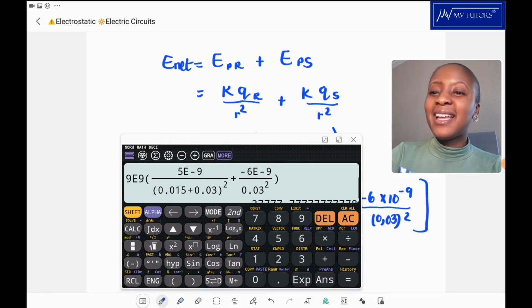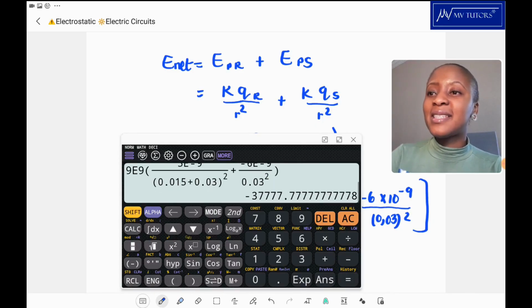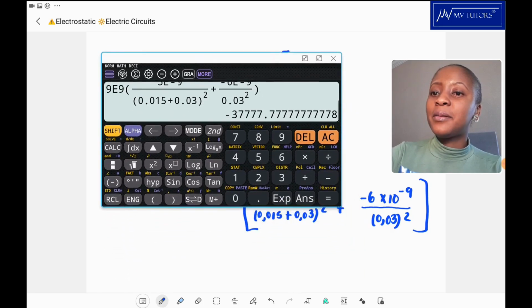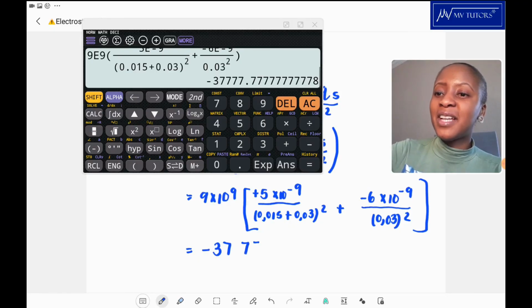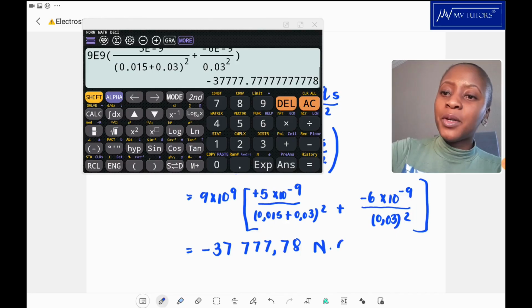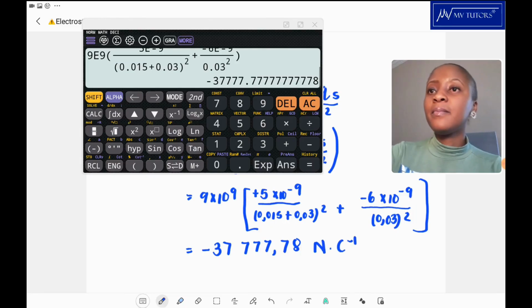And the answer is negative 37 777,78 Newton per Coulomb.